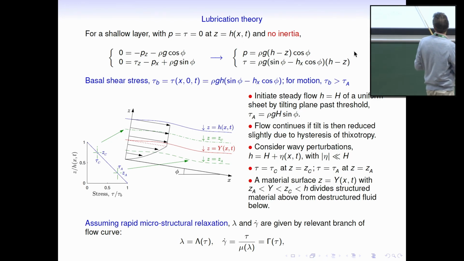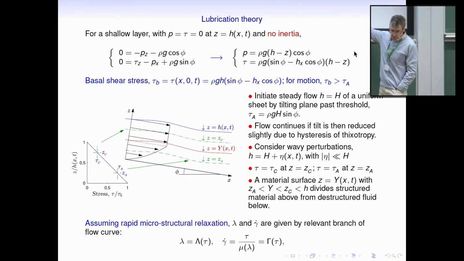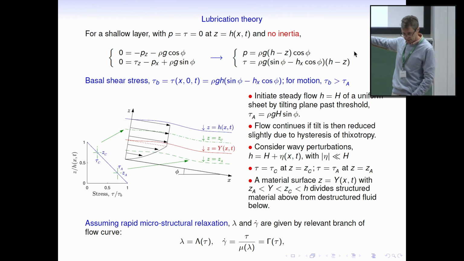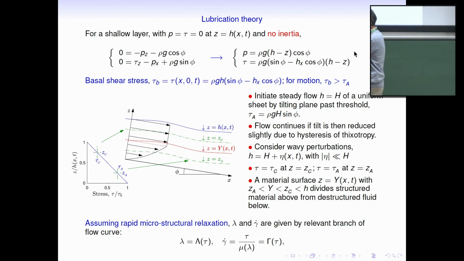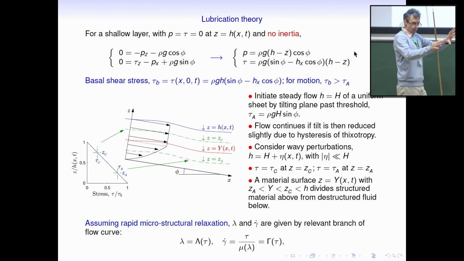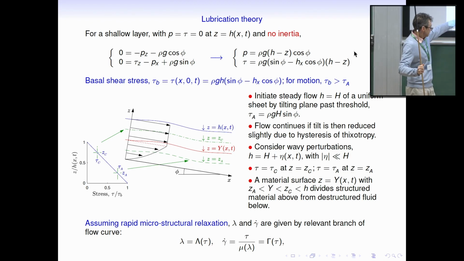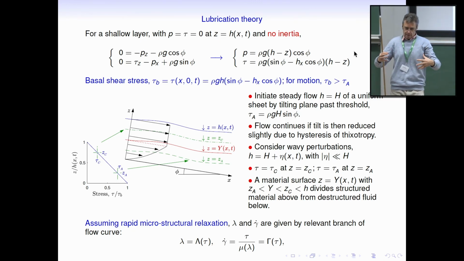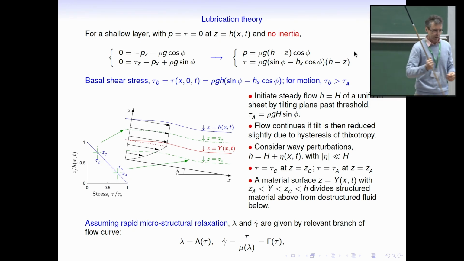Once we're in that sort of state, I can then consider this type of linear stability analysis again. I look at the fate of a wavy perturbation. Just to get some simple results, I'll make one further assumption: that the microstructure responds relatively rapidly.